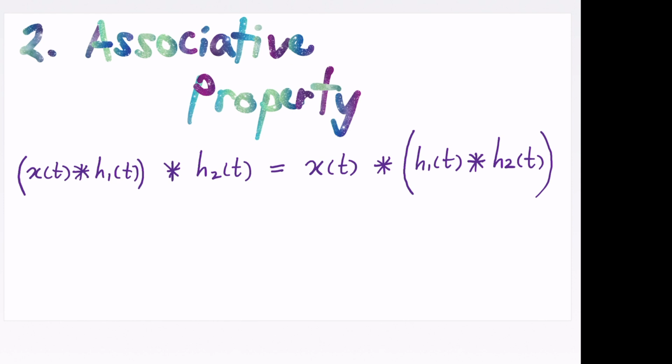So in this case, it is up to us. For the first convolution, we want to apply convolution to xt with h1t, or we want to apply convolution to the h1t and h2t first.